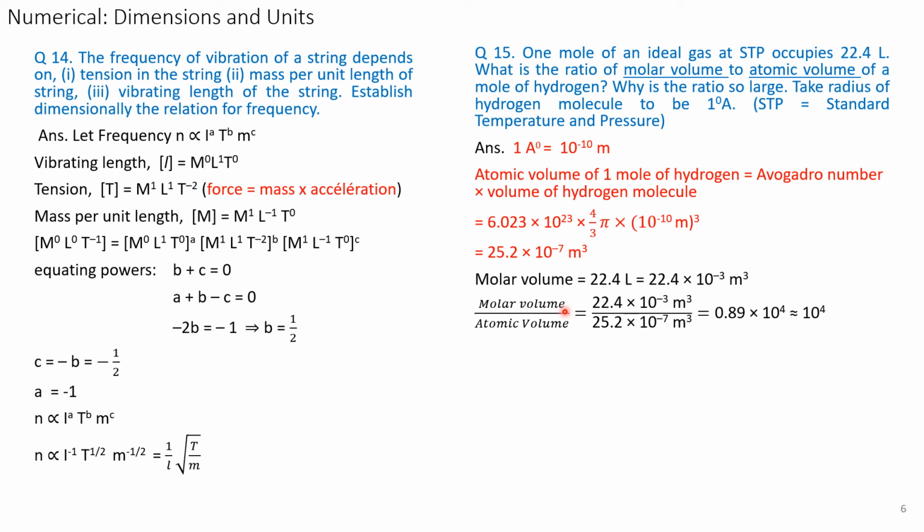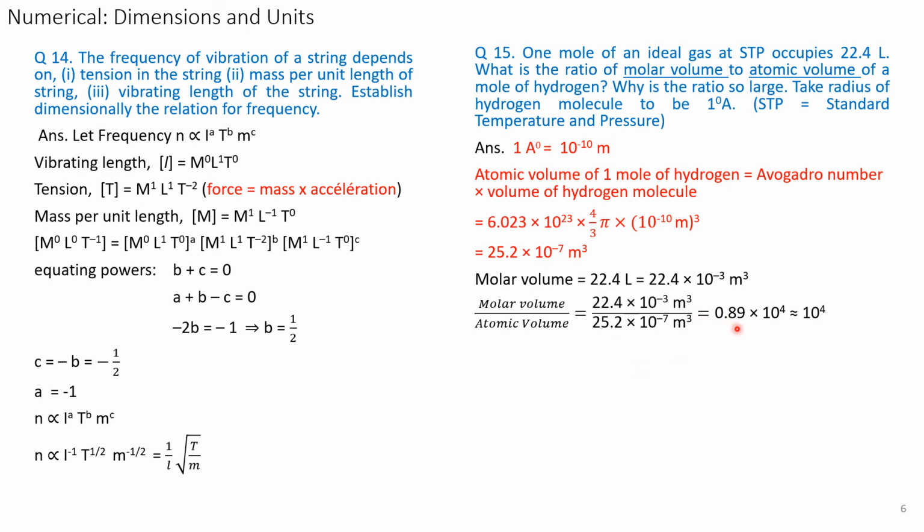Therefore, molar volume divided by atomic volume is equal to 22.4 × 10^-3 m³ divided by, here we have calculated the atomic volume as 25.2 × 10^-7 m³.